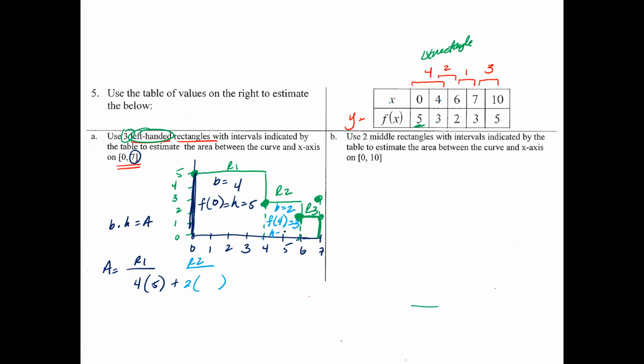So my height is 3, so times 3. Plus, let's go ahead and add the next one, rectangle 3, which is this one here. Your base is between 6 to 7, which is 1. And your height is going to be f of, on the left side, 6. And at 6, it is 2. So my height is 2. So I'm going to do 1 times 2.